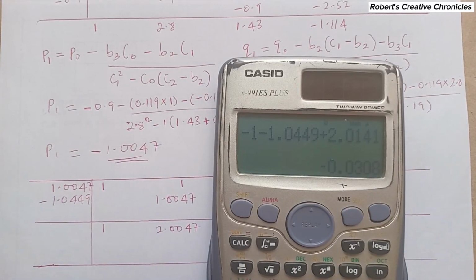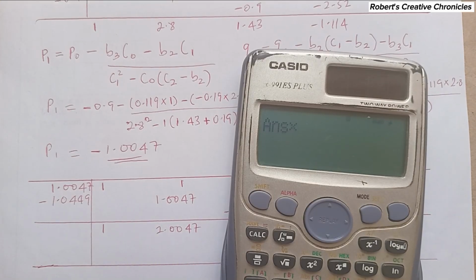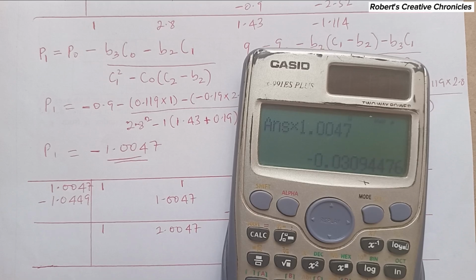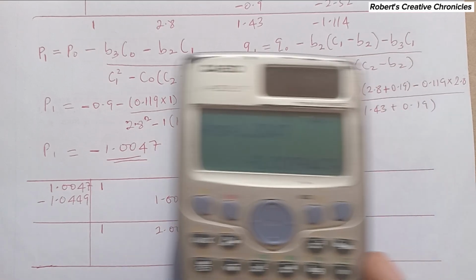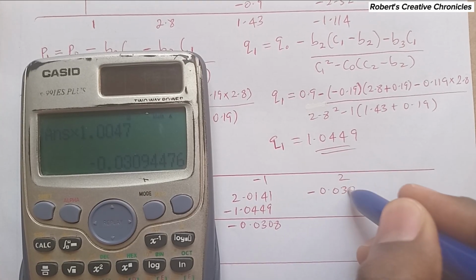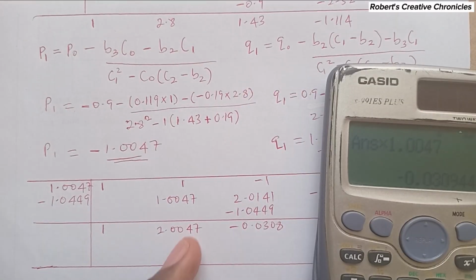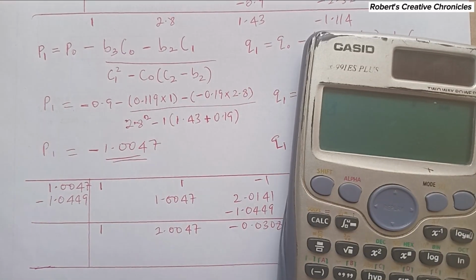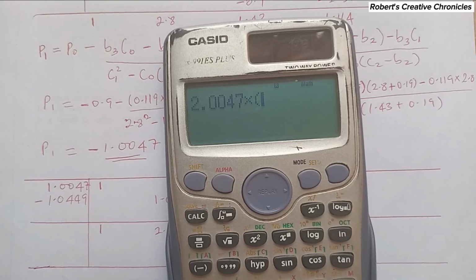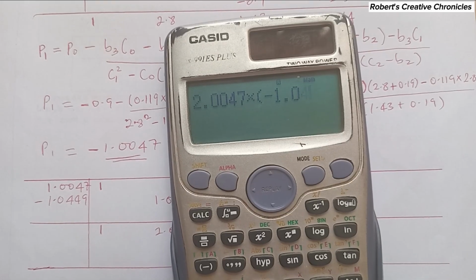Well, this multiplies by the first one, 1.0047. This is negative 0.0309. Then this multiplied by this, 2.0047 multiplied by minus 1.0449.